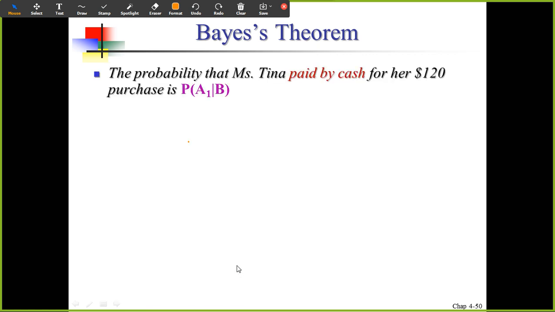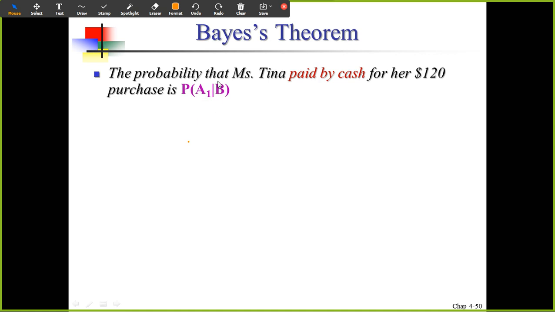When we know the prior probability and we know the conditional probability, we can find the joint probability. But this is the question: what is the probability that Miss Tina paid by cash for her purchase of $120?